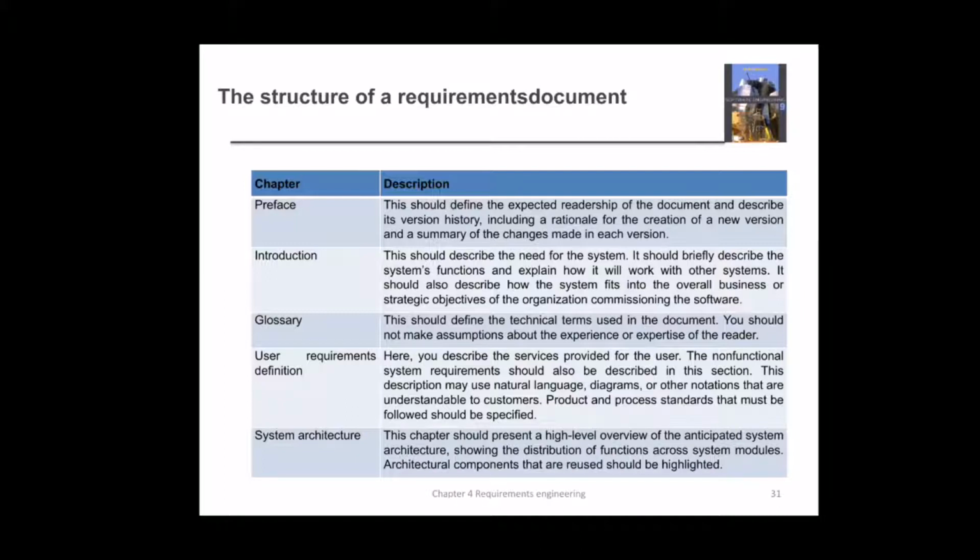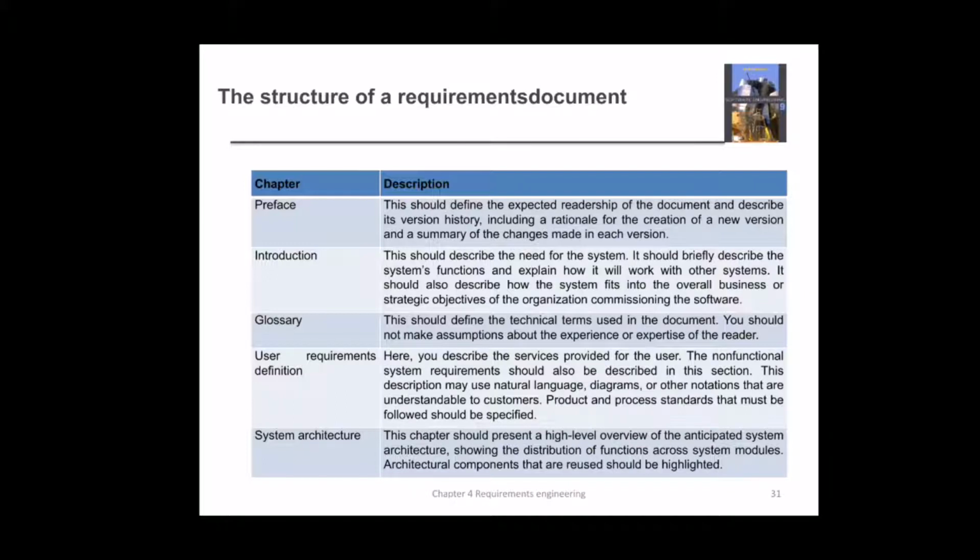Then we have the second chapter, the introduction. This should describe the need for the system: why it is needed and why we are developing this particular application. It should briefly describe the system's functions and explain how it works with other systems. It should also describe how the system fits into the overall business or strategic objectives of the organization commissioning the software.